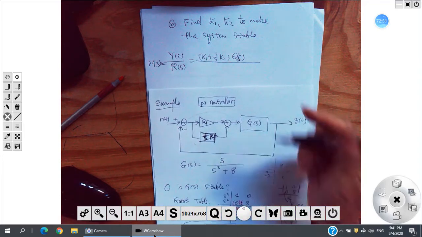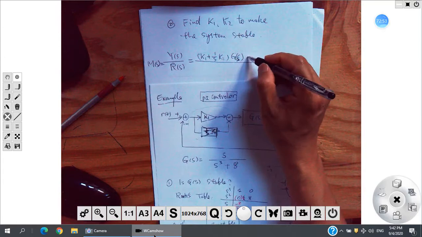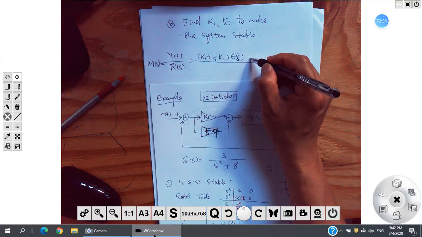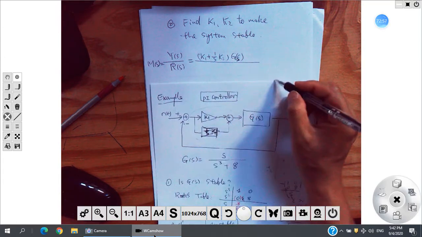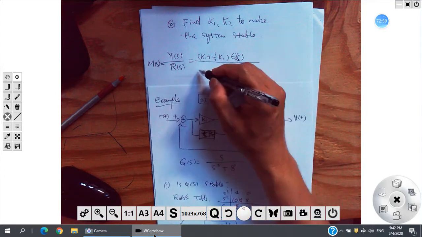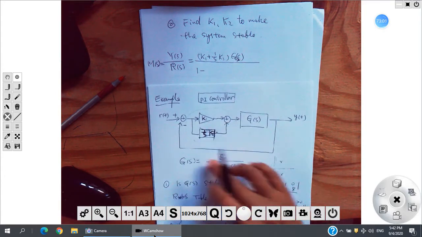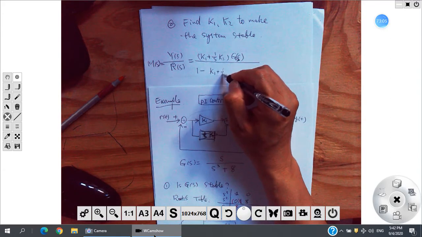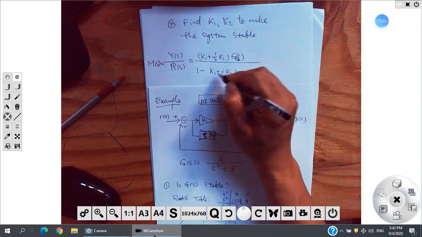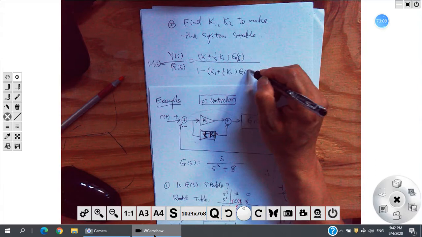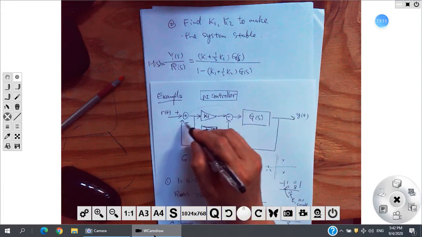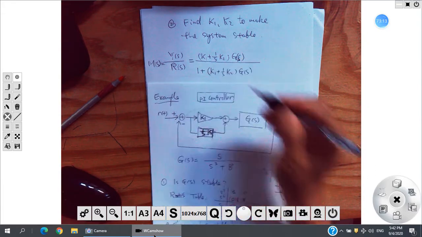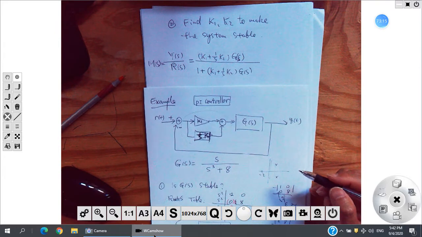One loop touches the path, so here it's just 1. And then the denominator, I need 1 minus this loop. It is still K1 plus 1 over S K2 times G of S. And the loop here I have negative, so it's this one. Okay, so this is M of s.